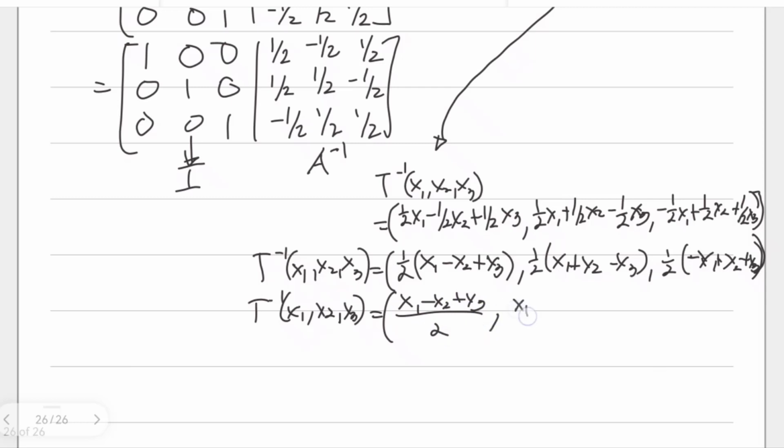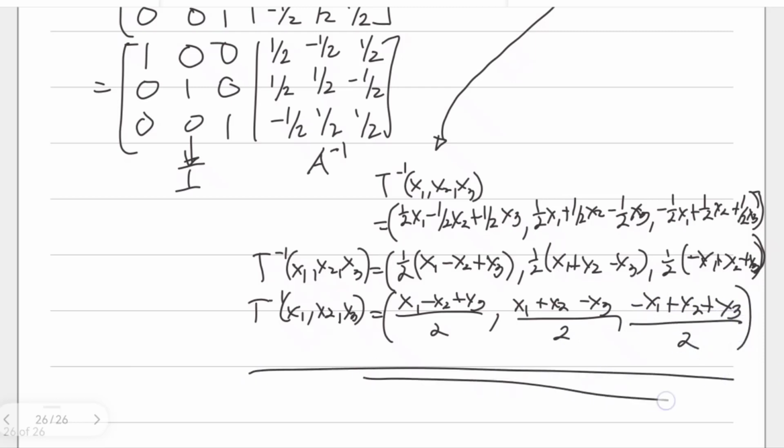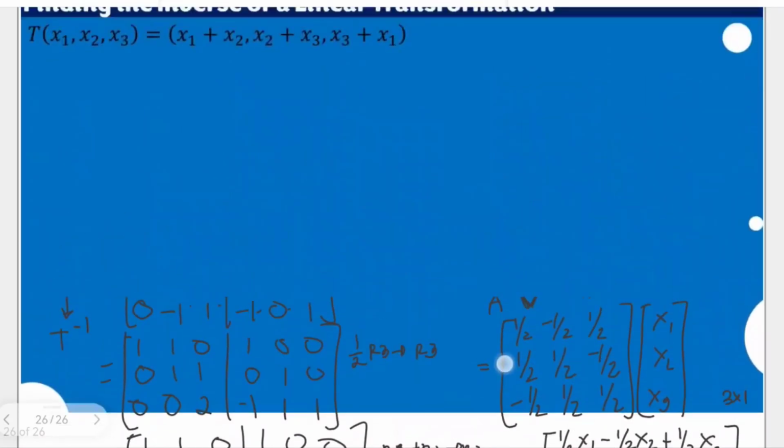Then x sub 1 plus x sub 2 minus x sub 3 all over 2. And you have negative x sub 1 plus x sub 2 plus x sub 3 all over 2 as well. This is the inverse of the linear transformation T described by this linear transformation.